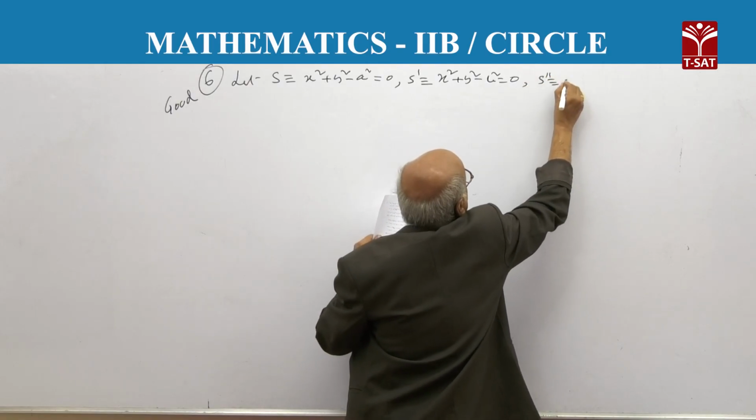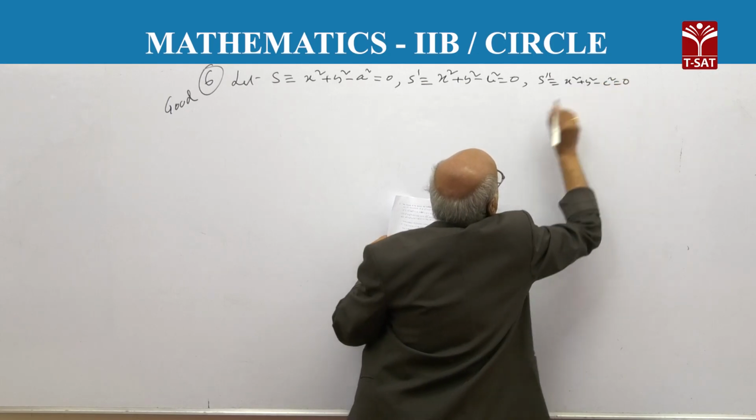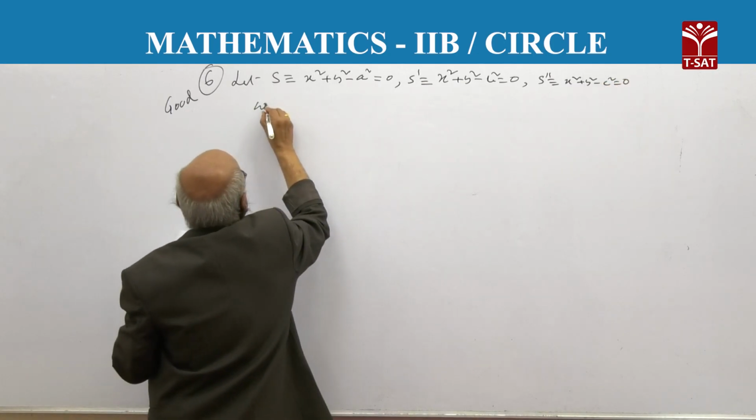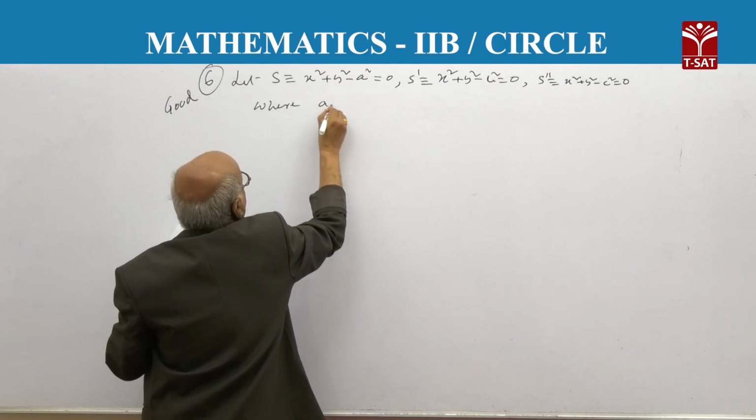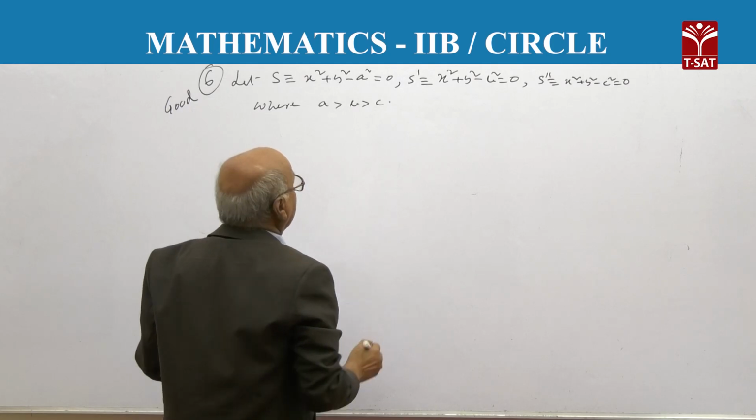Let S be x square plus y square minus a square equal to 0, S dash be x square plus y square minus b square equal to 0, and S double dash be x square plus y square minus c square equal to 0, where a is greater than b greater than c.